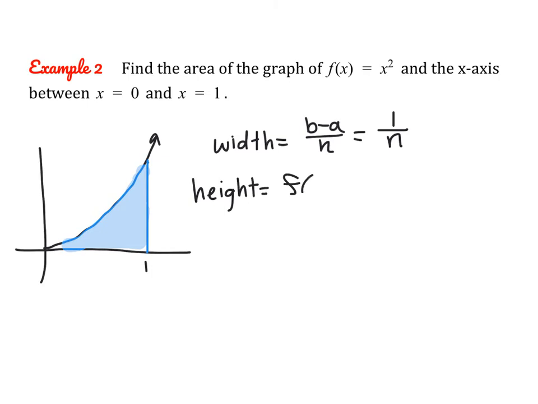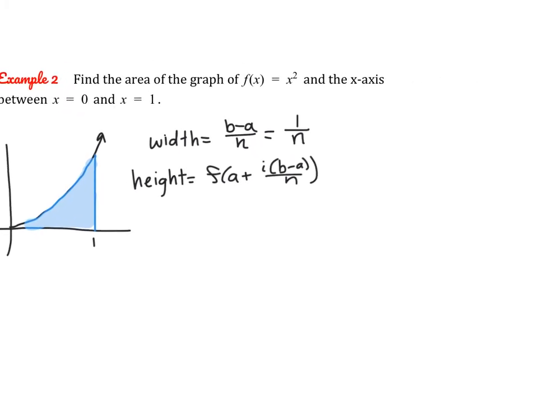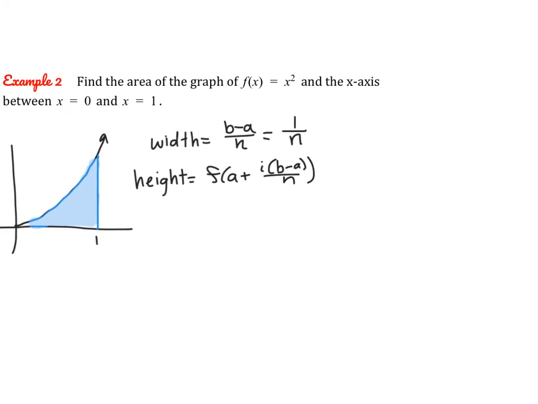Remember, that's f of a plus i times our width, b minus a over n. So here, a is 0 because that's our starting interval, plus i times our width. Our width is 1 over n, so it's just i over n. And then I can evaluate this function.